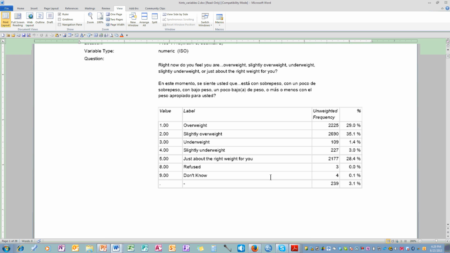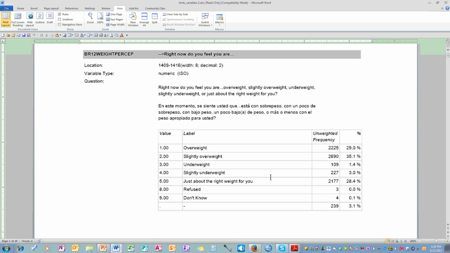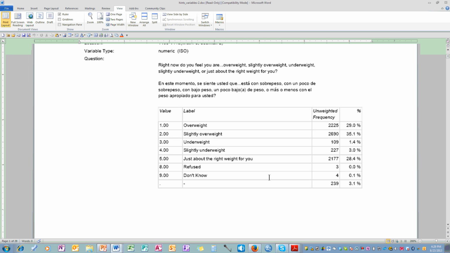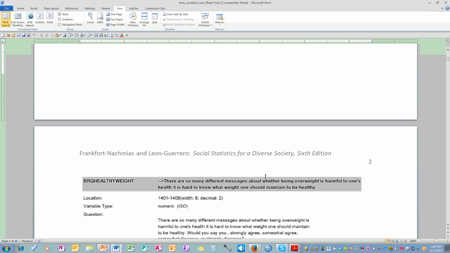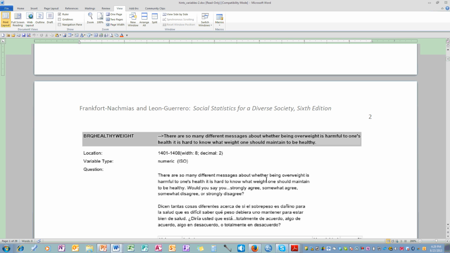Some other things here. And then this question here, right now, do you feel you are overweight, slightly overweight, underweight, slightly underweight, or just about the right weight? And so this is a neat question on how people perceive themselves, their weight. Might be important in explaining other factors, feelings of health and well-being. So you might want to note that one.